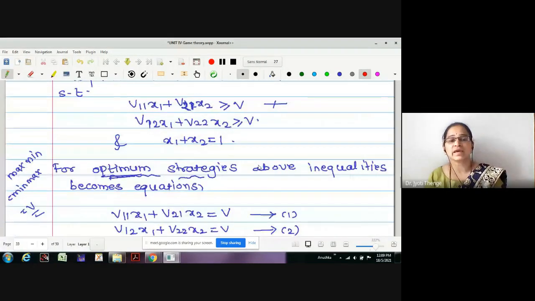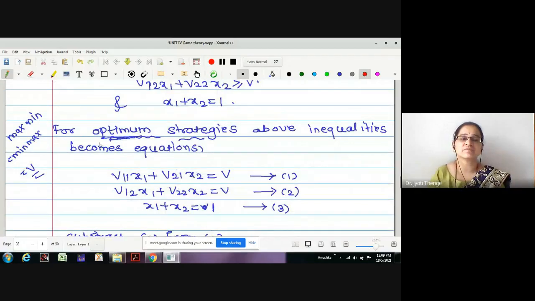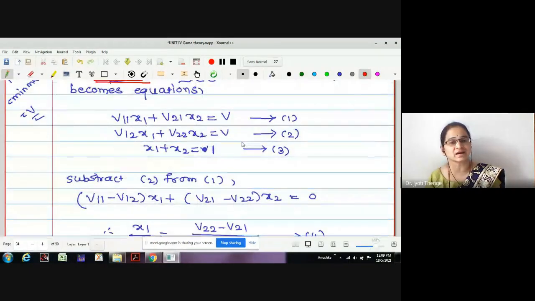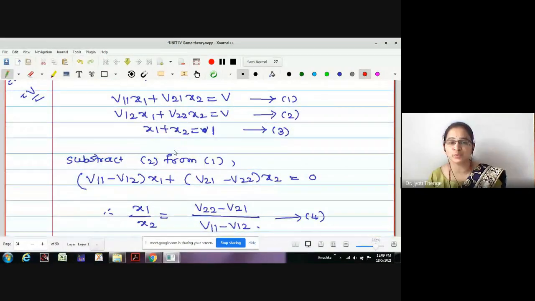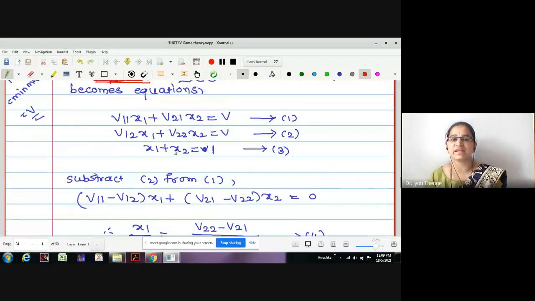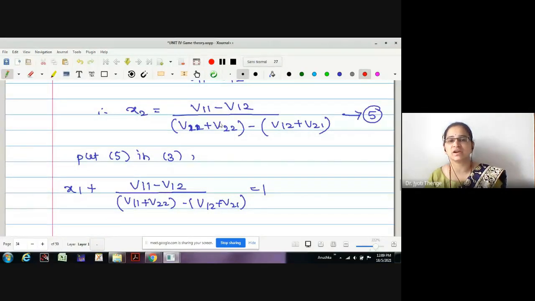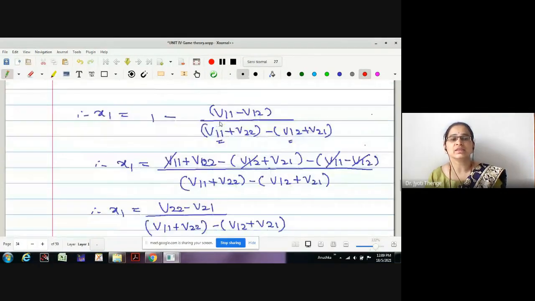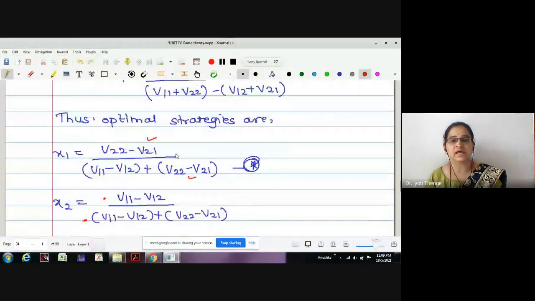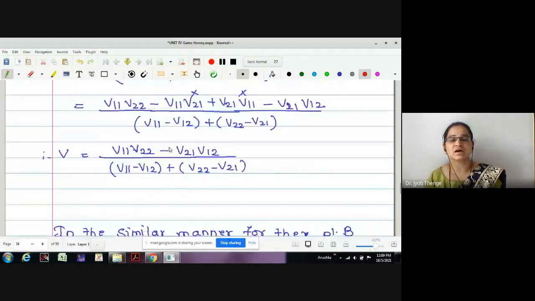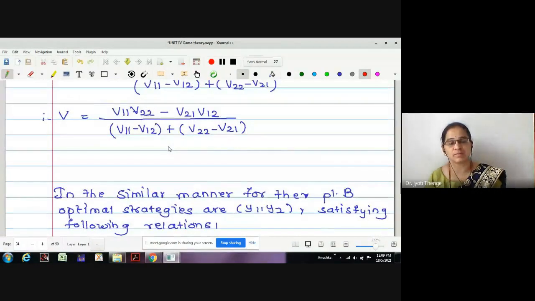Then for exact optimal strategies, these inequalities, greater than or equal to V, become exactly equal to V. Therefore, we have three equations in two variables. One can solve them very easily and obtain the values of both the variables. This is the value of x2 we obtained initially, then we obtained x1 as well. Similarly, one can find the value of V also. So these are the values of x1, x2 and V we have obtained.